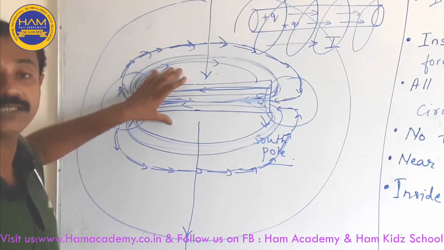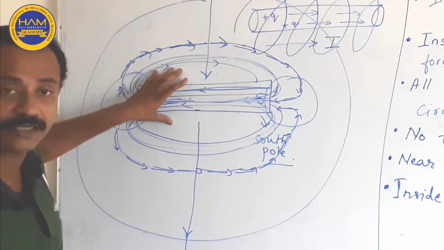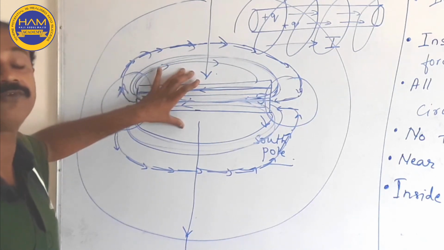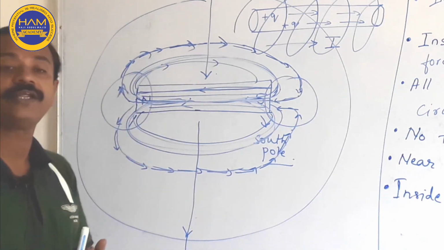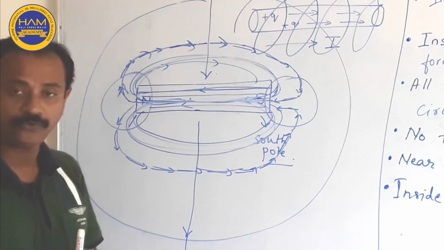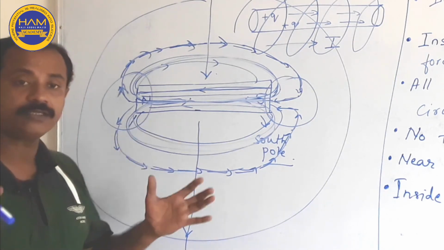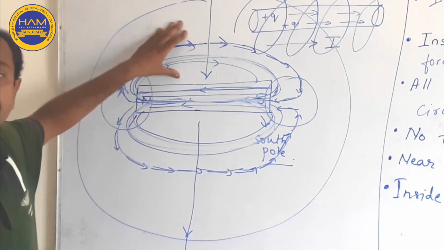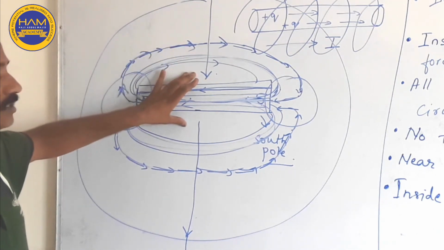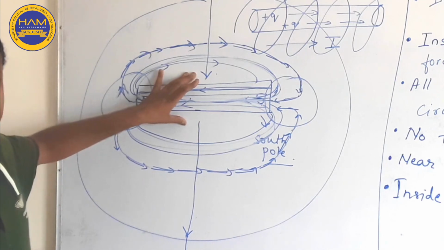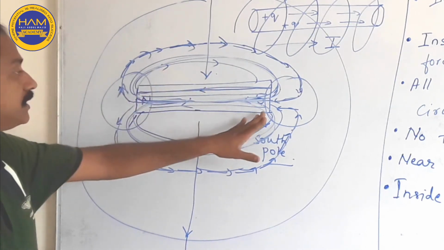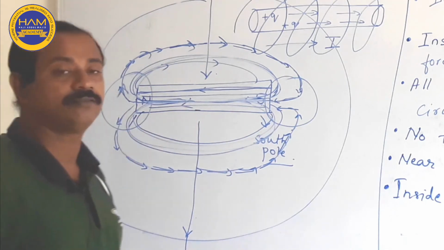There is no increase, no decrease, no fluctuation. So we can use this steady magnetic field for things like the generator or the dynamo. We will be studying that later, but for the time being understand that outside we can have a variable magnetic field, but inside we have a constant or steady magnetic field flowing from south to north inside the magnet.